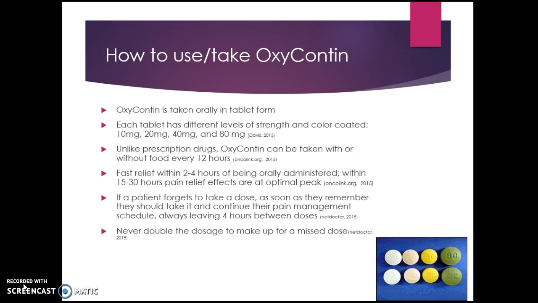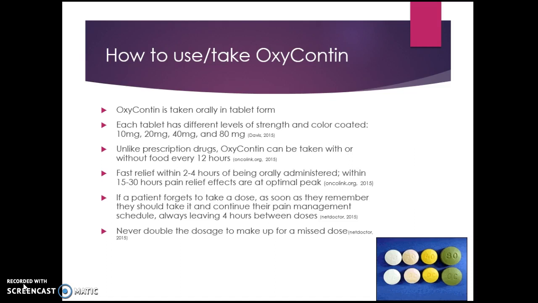How to take and use OxyContin. Typically, it's taken orally in tablet form. Each tablet has different levels of strength and is color coded for easy identification. Those run from 10 milligrams up to 80 milligrams.